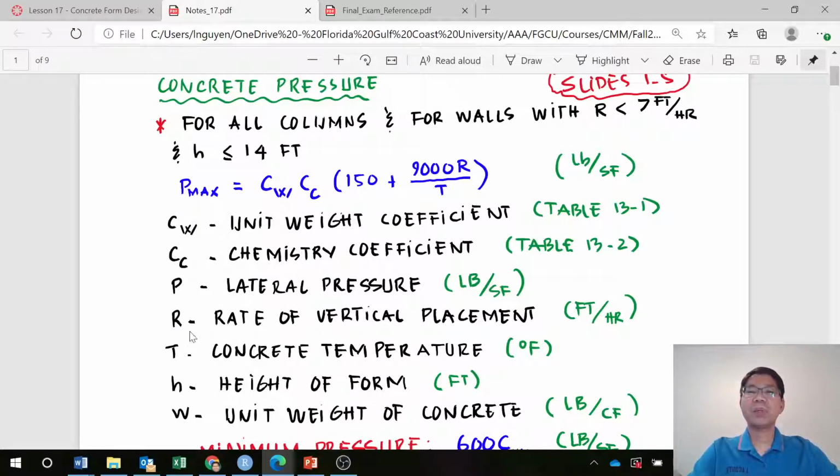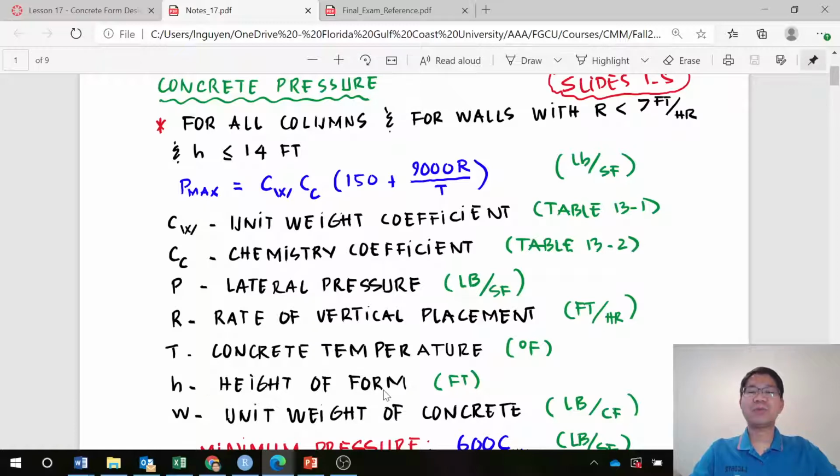Then we have the rate of vertical placement of concrete, feet per hour, and the concrete temperature. If it's hotter, it tends to make the concrete harden faster, and that reduces the pressure on the wall. The pressure is inversely related to the temperature, as you can see there.